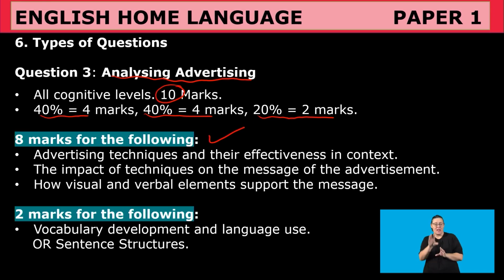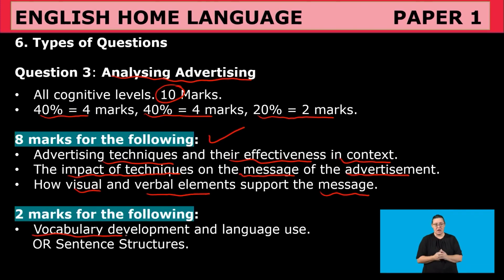This will include advertising techniques and their effectiveness in the context of the advertisement, how the impact of techniques will enforce the message of the advertisement, and then how visual and verbal elements support the message. As you can see, the message of the advertisement is very important. Also included in question 3 will be 2 marks on language, so either vocabulary development or sentence structures.